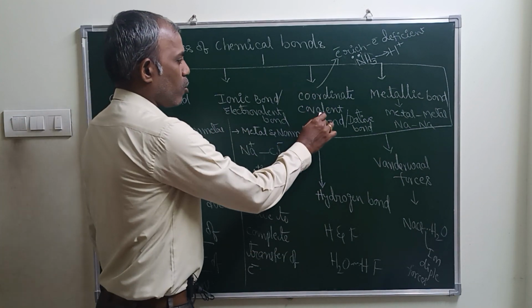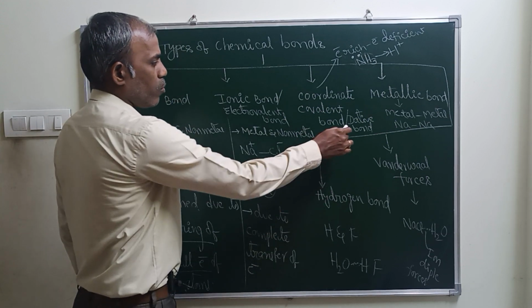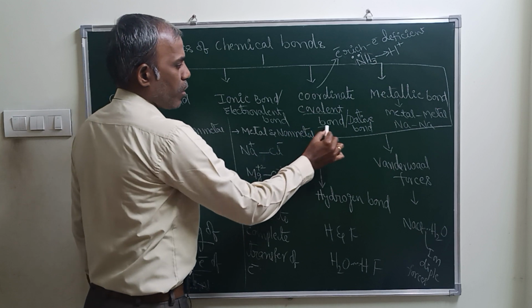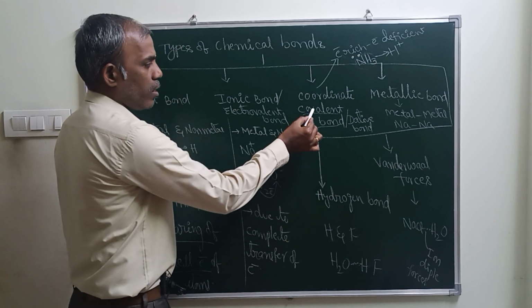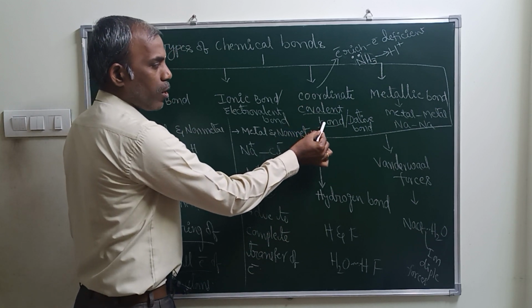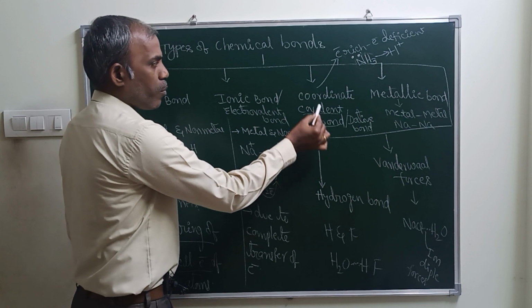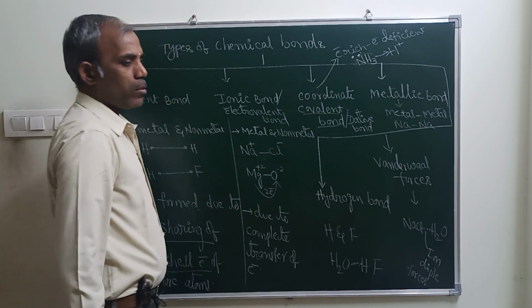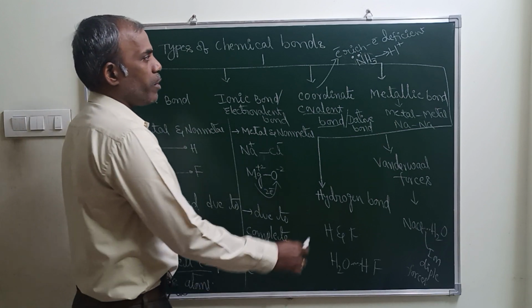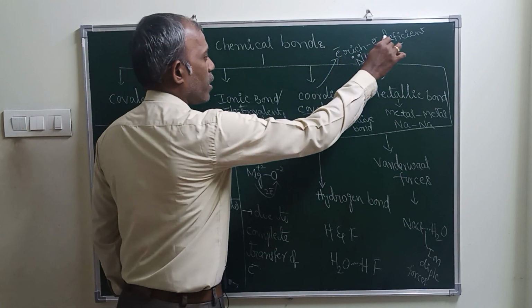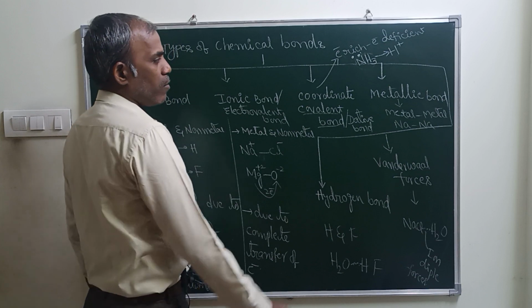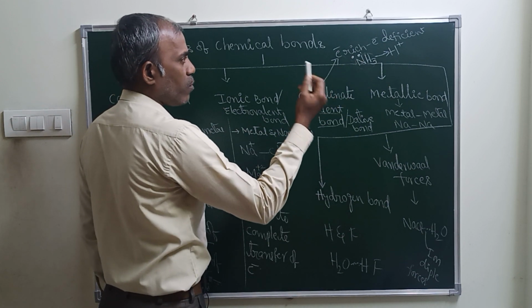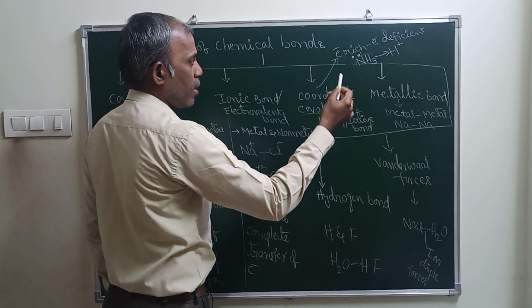Next, coordinate covalent bond, also known as dative bond. You see here there is a name called covalent bond. It is a special type of covalent bond where the bond is formed due to unequal sharing of electrons. That is observed only between electron rich and electron deficient species. For example, ammonia, which has a lone pair. We will see what is lone pair and all in the upcoming classes.